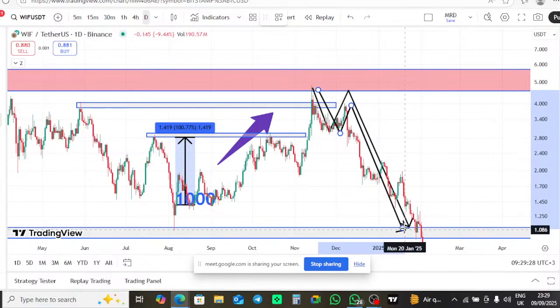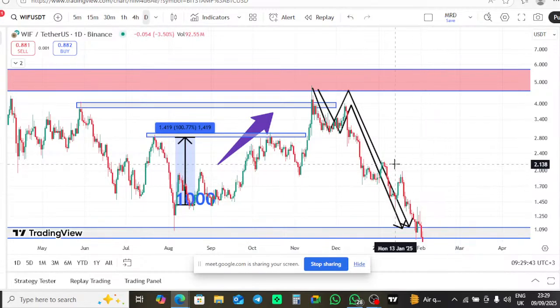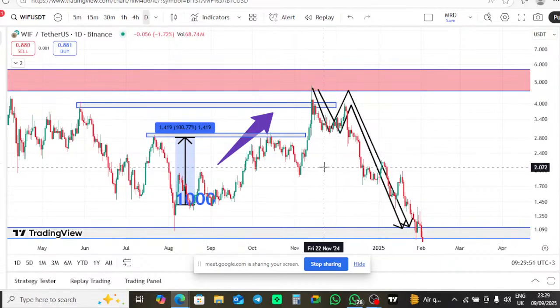You must put it in mind that it is not 100% a must for the coin to come back and test the resistance. So you need to be wise. But what you must know is where your stop loss could be. In case of anything, I'm getting out from here.